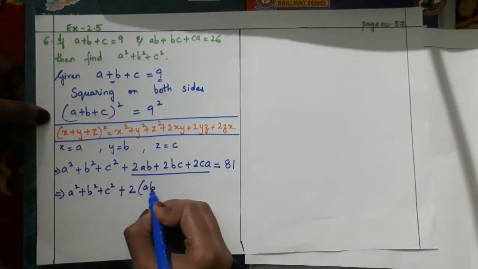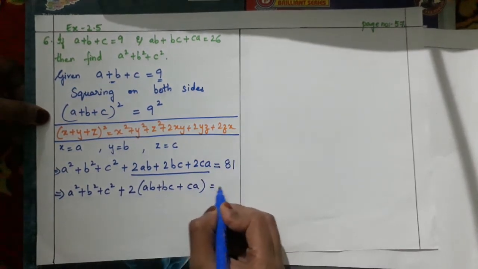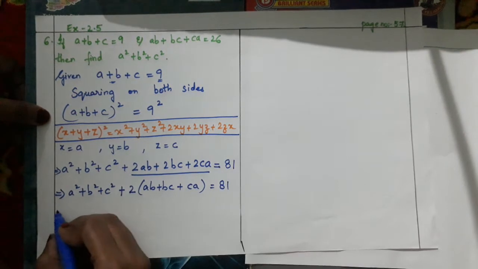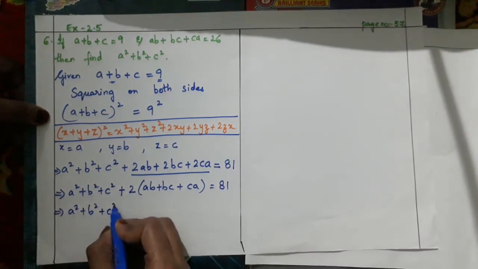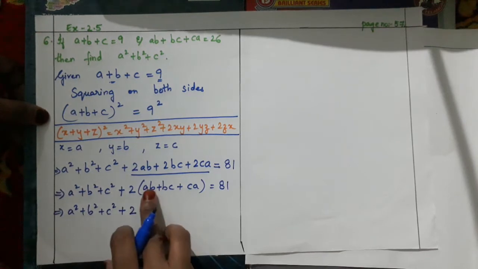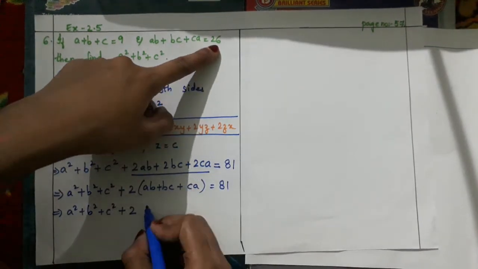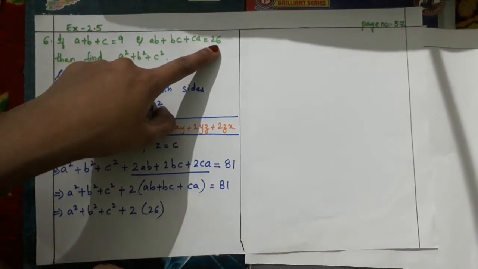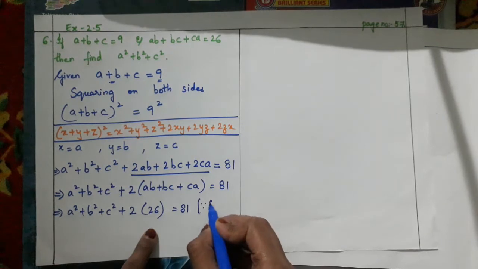So I will be writing ab plus bc plus ca is equal to 81. A square plus b square plus c square plus 2 times ab plus bc plus ca, what is it, children? It is 26. So in brackets we are going to write 26 is equal to 81, since it is from the question.